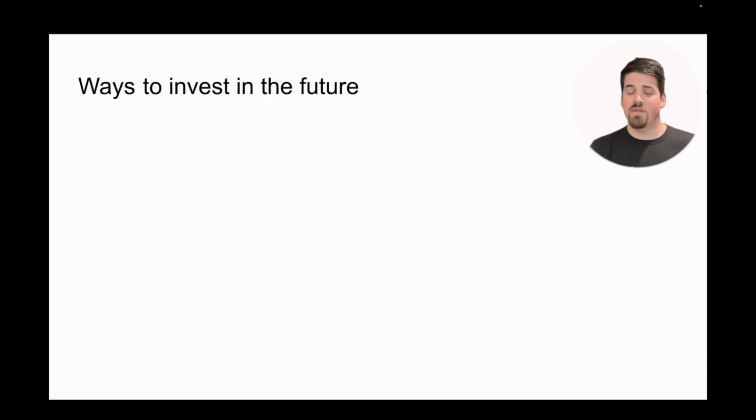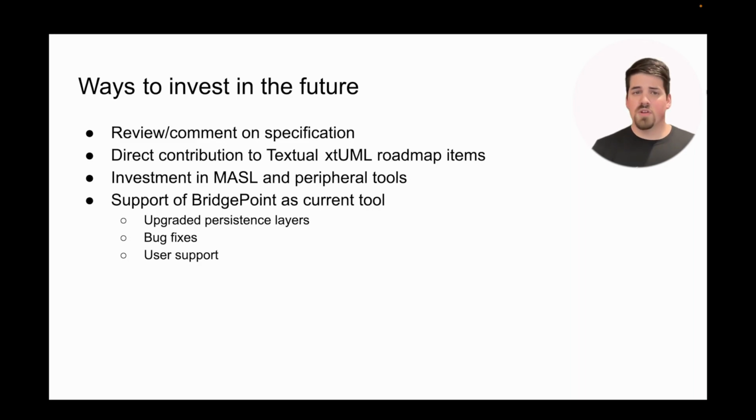Okay, so if you've liked anything that I've had to say today, I do have some ways that you can get involved and invest. First, you can review and comment on the specification. Again, see the footnotes. There's a link there to the existing specification that was written last December. You or your team can directly contribute to the roadmap items.